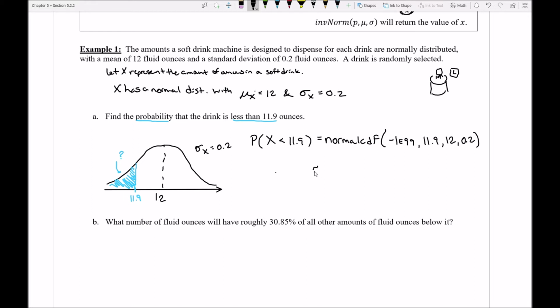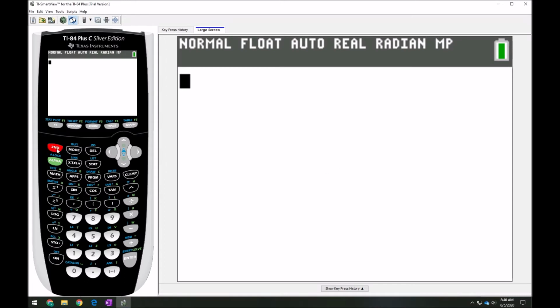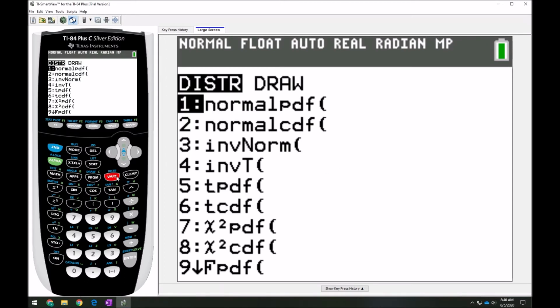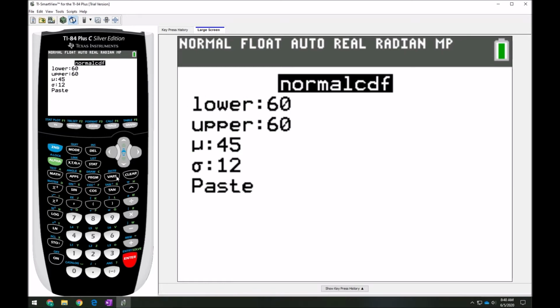Now I can go to my calculator and actually figure out what that percentage is. So once here, I can click second, vars. Then I'll do normal CDF. I'm going to click negative 1 E99. I'll go all the way up to 11.9, 12, and 0.2.